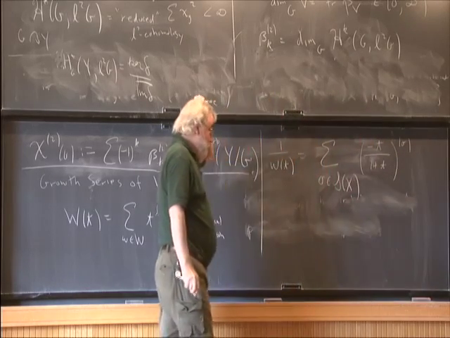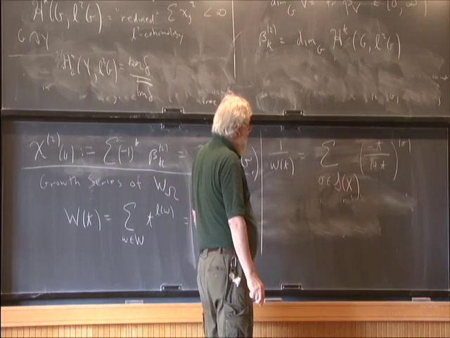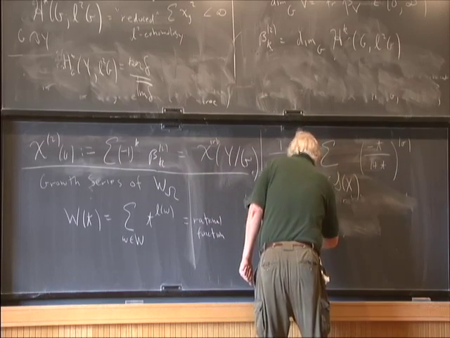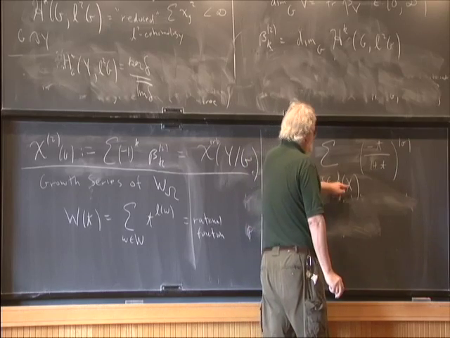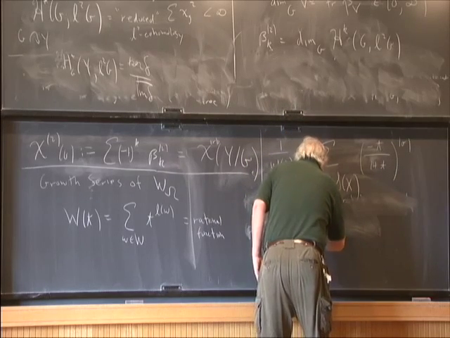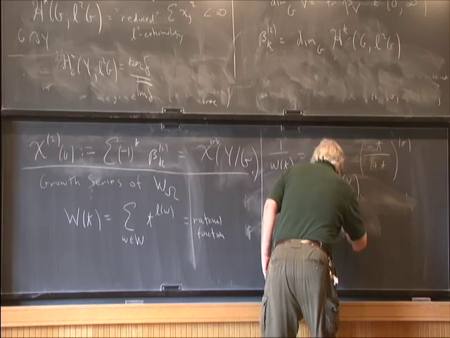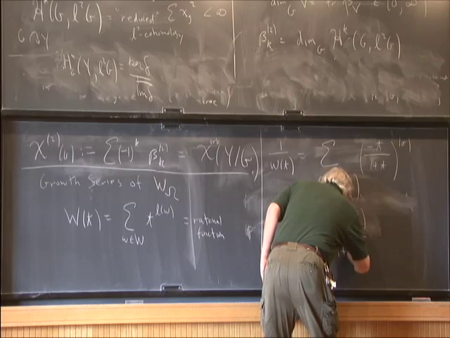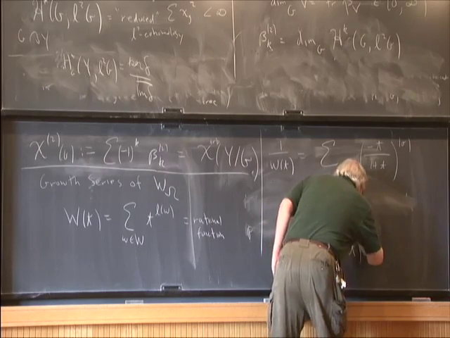People in combinatorics, if you think about this for a while, can almost take this as the definition of what's called the h polynomial of x. It's the h polynomial associated to this flag complex x at minus t divided by 1 plus t to the dimension of x.